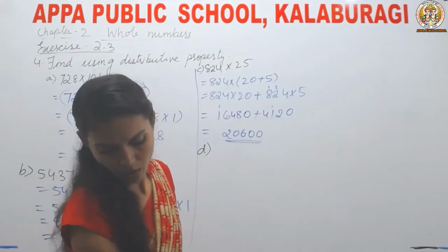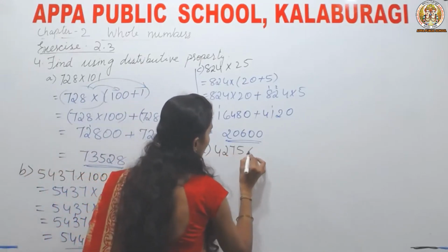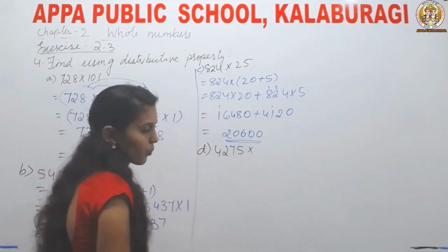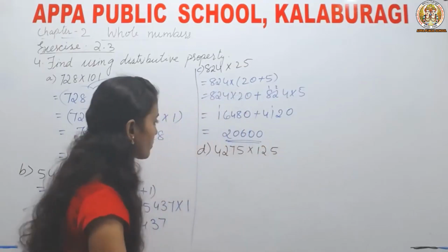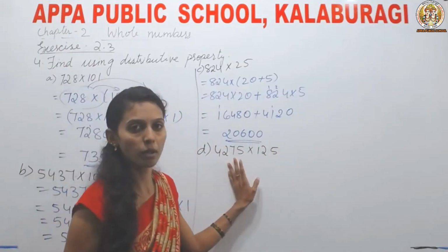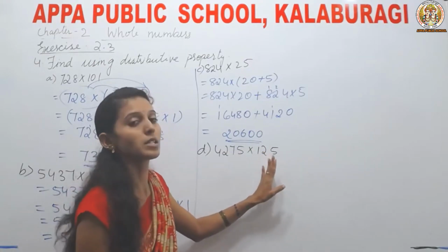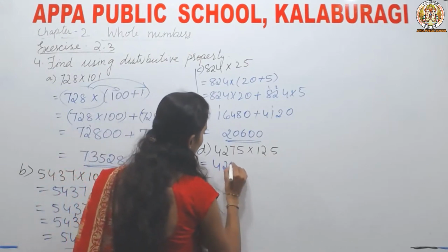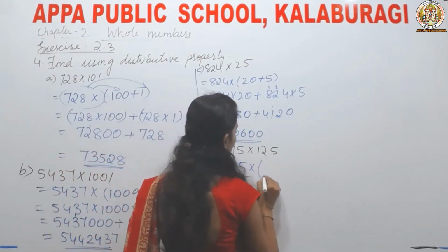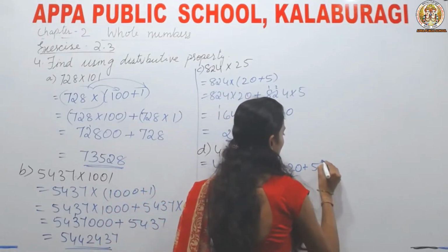is 4275 into 125. See here. If I split this one, I'll get 4 numbers. If I split this one, I'll get 3 numbers. So what I'll do, I'll split this one only. Okay. So 4275 into 100 plus 20 plus 5.